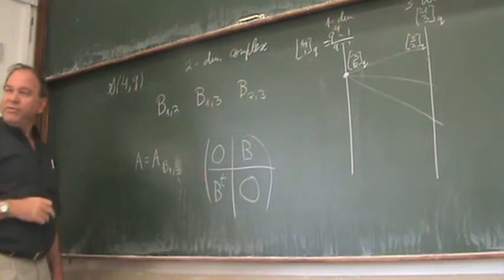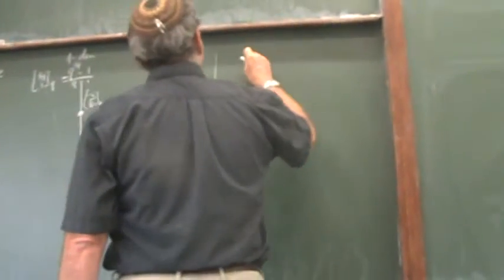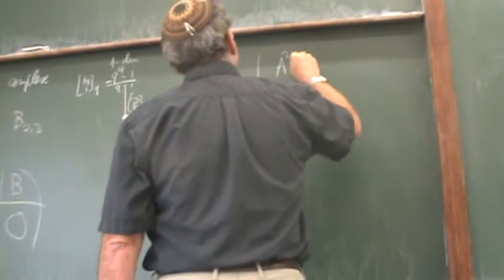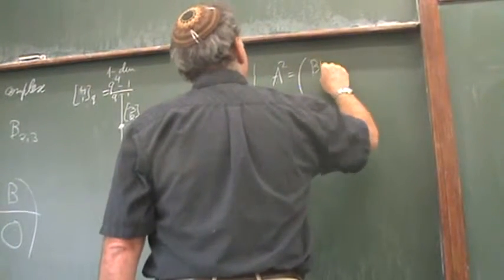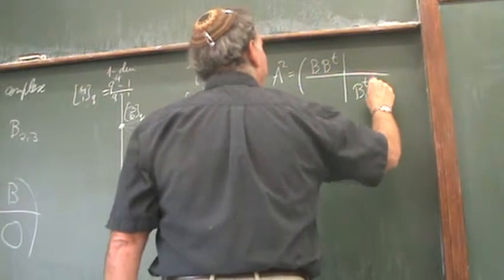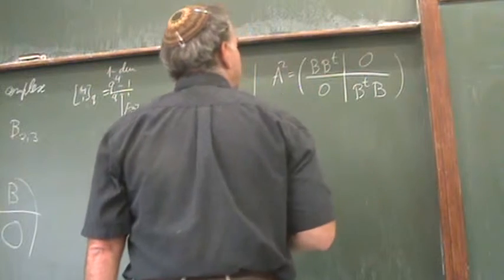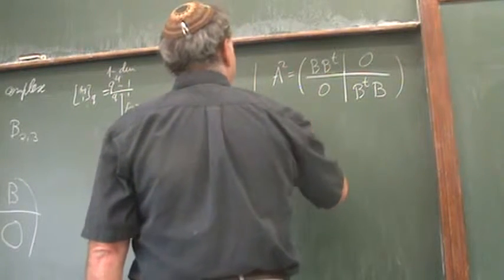That's exactly the kind of thing we did last time. And then here we see that A squared is B^T B here, B B^T there, and zeros elsewhere. And we want to compute the eigenvalues.